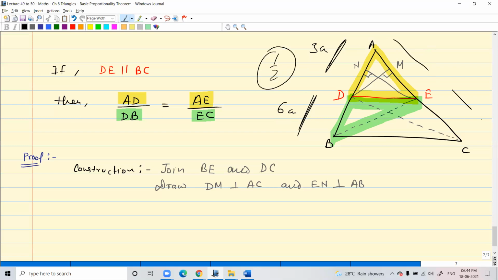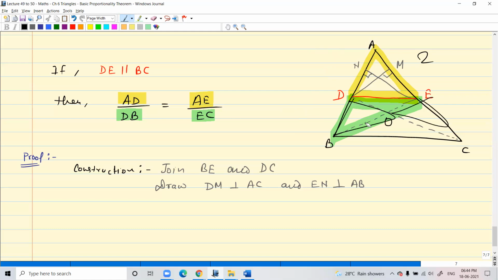So this ratio also will become 1 by 2 only. So if this is 2, this will be 4. We are not saying that DB is equal to EC. Keep that in mind. There is no congruence here. So keeping the O over here, we will not be able to prove that these two triangles are congruent or anything. Is it clear?